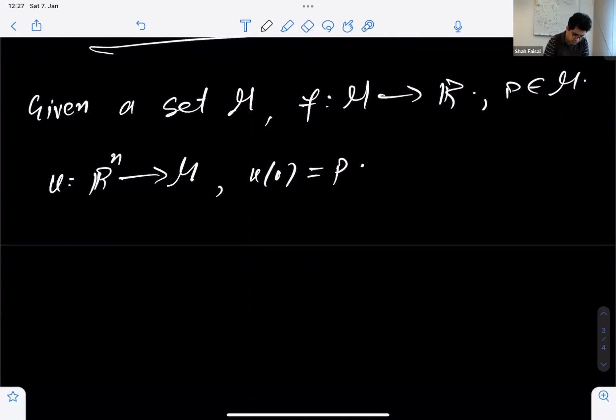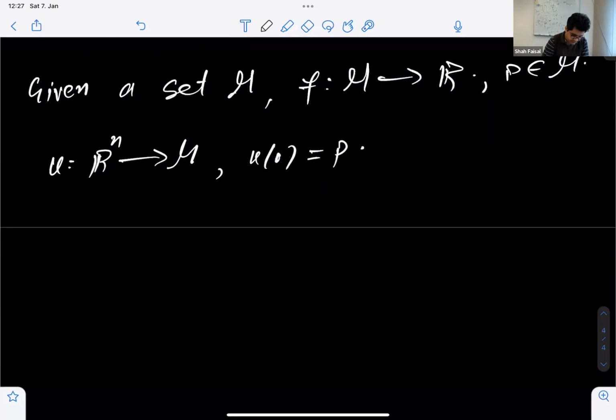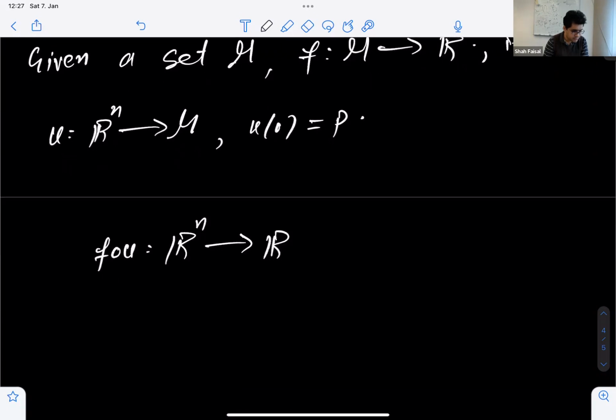Now, if you compose these two functions, you get f composed with u, a function from R into R, and now you know how to define differentiability.